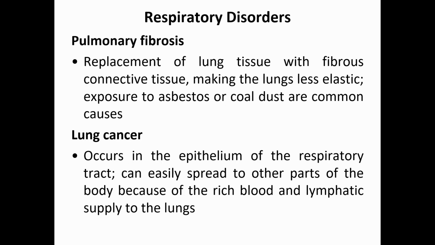You also have your pulmonary fibrosis, in which lung tissue is replaced with fibrous connective tissue, making the lungs less elastic. Exposure to asbestos or coal dust are common causes. We also have lung cancer, which occurs in the epithelium of the respiratory tract. It can easily spread to other parts of the body because of the rich blood and lymphatic supply of the lungs.